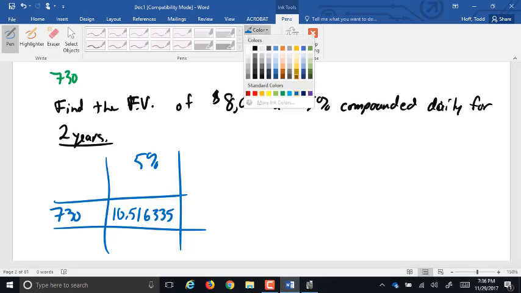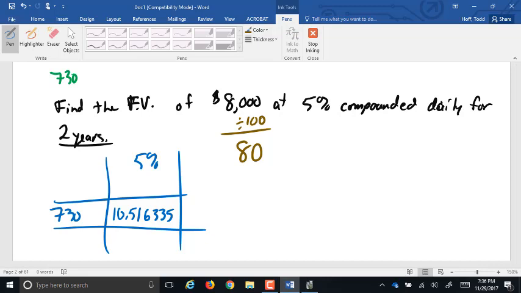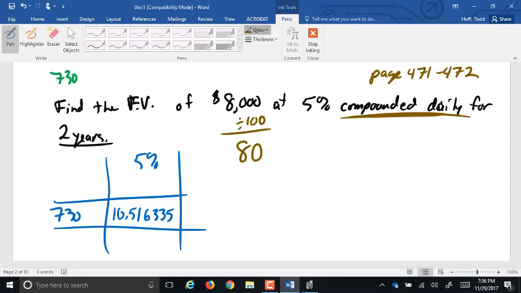Now we're not going to multiply 8,000 by that. We're going to do 8,000 divided by 100, which is 80. Remember, because it's per 100. This is compounded daily. This is the table on page 471, 472 for compounded daily interest.